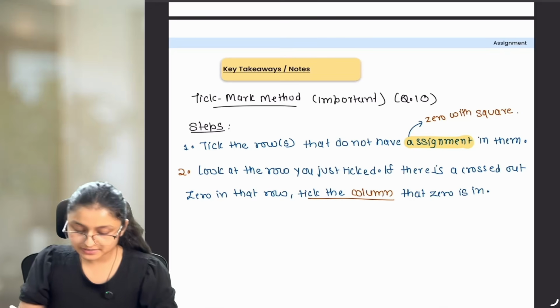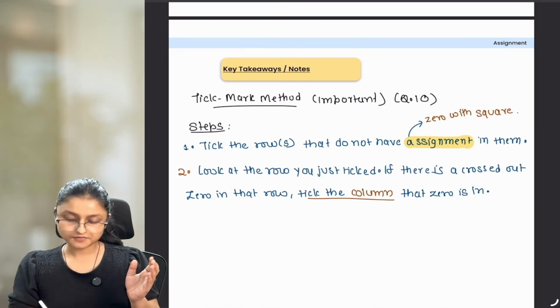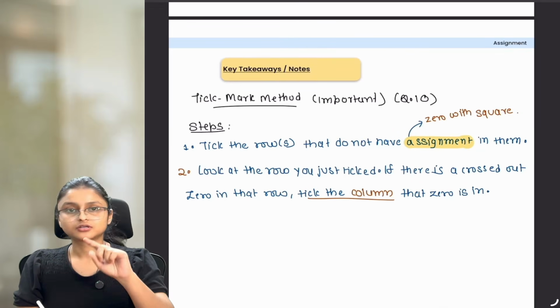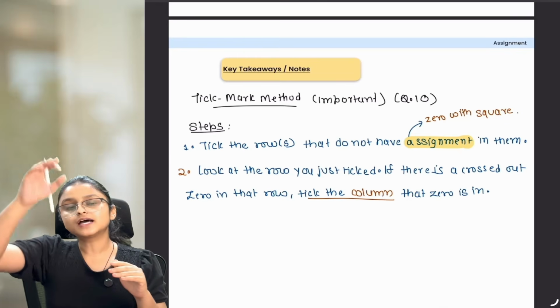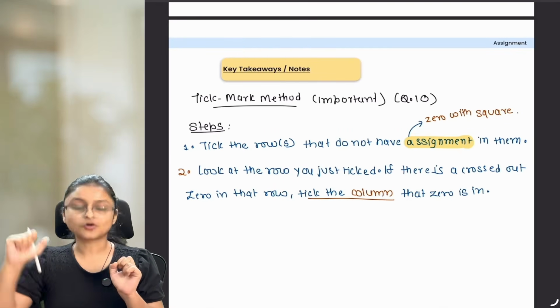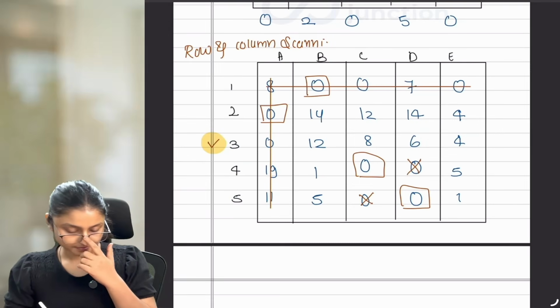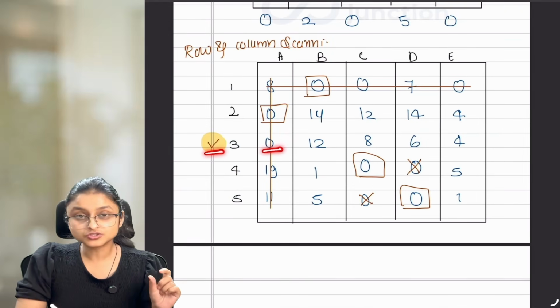So what is happening in the second step? You have to look at the row you just ticked. If there is any crossed out 0, not 0 with square, then find out the column in which that crossed out 0 is and tick that particular column. So here we ticked this particular row where there was no 0 with square.